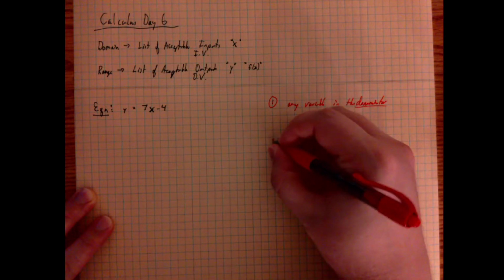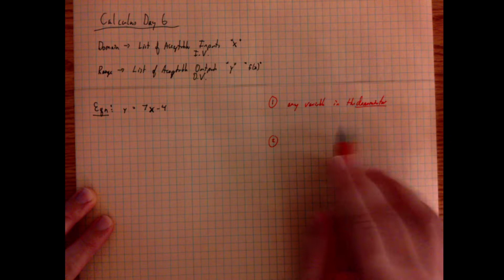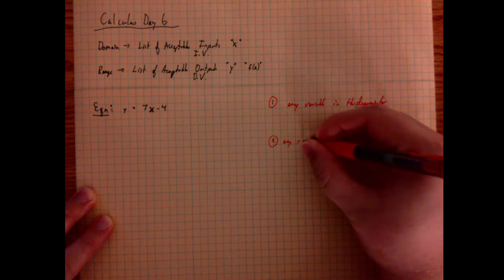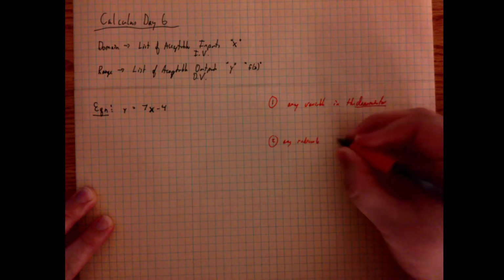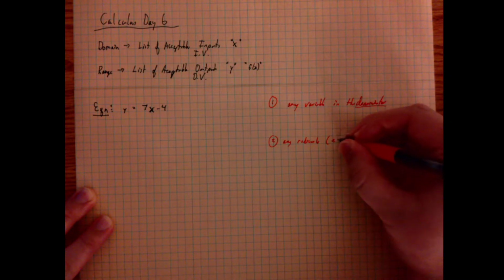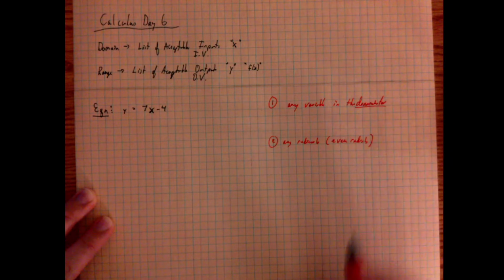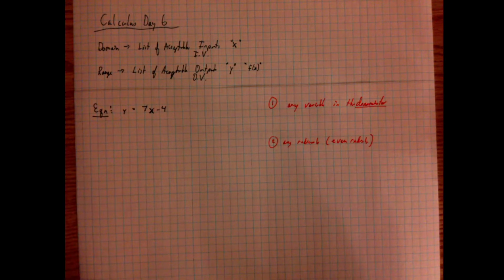Second big thing, I'm going to leave some space here because I know I'm going to put some more information up there, is any radicals. Specifically, I want to look for what I call even radicals, because that's going to matter a lot.